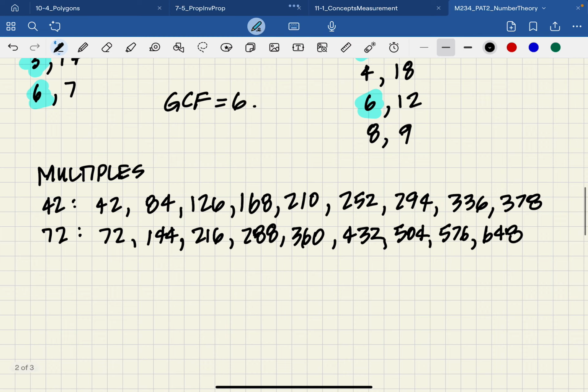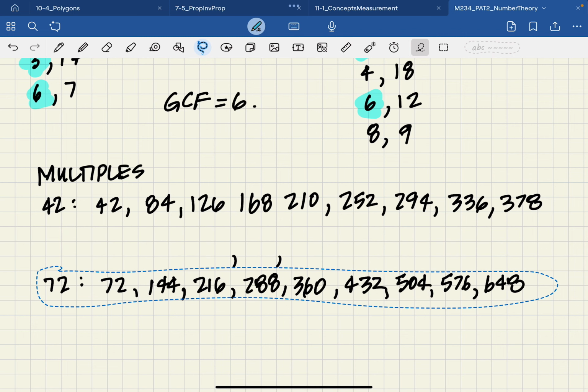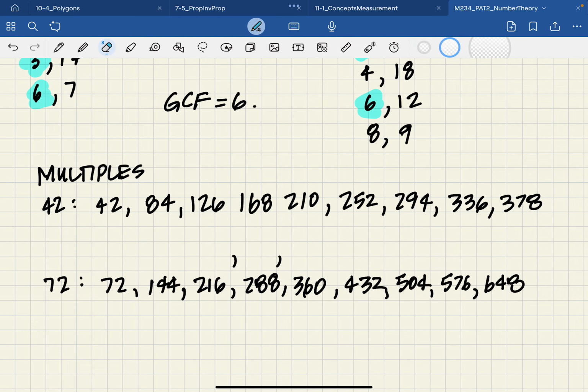Yeah, it doesn't look like we have any common multiples yet, do we? But I know that there must be a common multiple, right? So maybe I'll just move this one down. Lost a couple commas, but we can fix that.